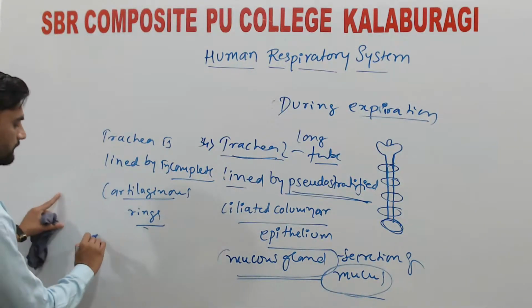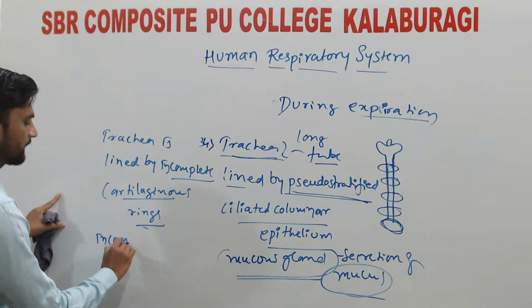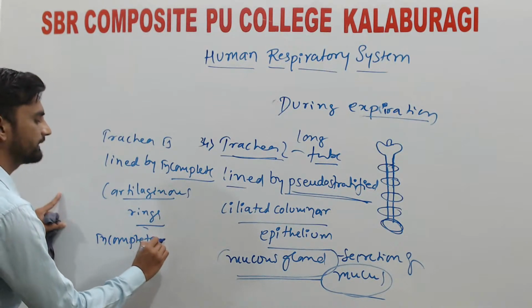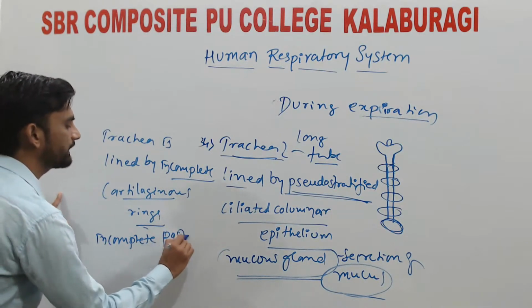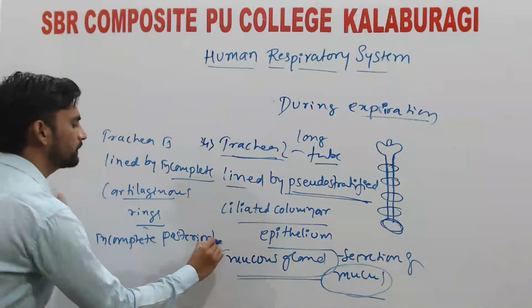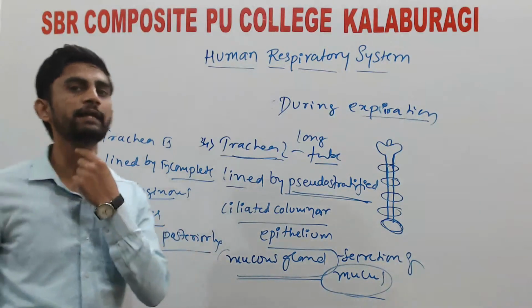These are incomplete posteriorly. Why are these complete only in the anterior-most region?